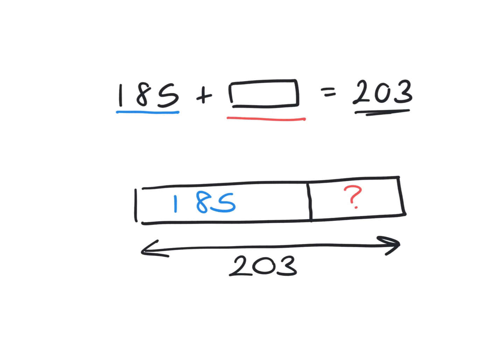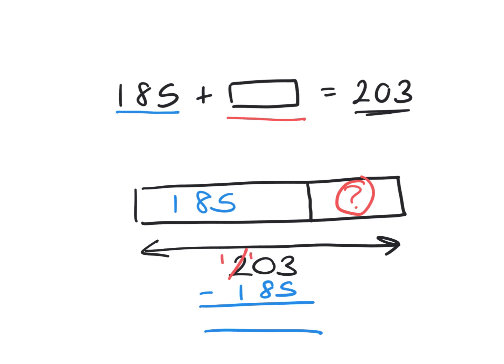So as we can see from the bar, if I take my 203 and I subtract the 185 part, okay, we can see what is missing in this section here. So 3 take away 5 we can't do, and we can't borrow from the 0 either next door in the tens, so we need to go all the way over to the hundreds and bring it back to the tens.